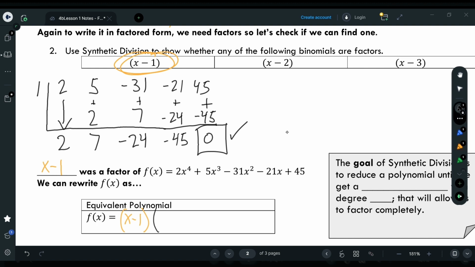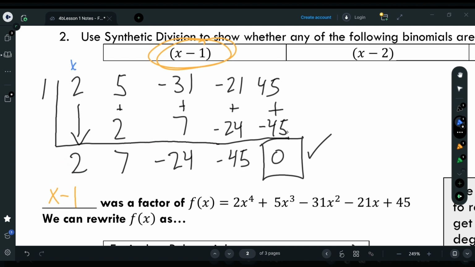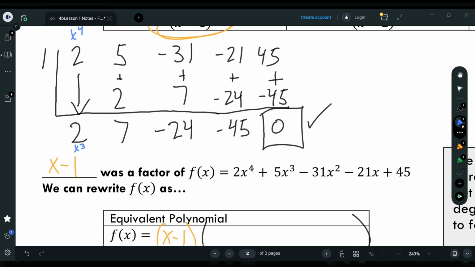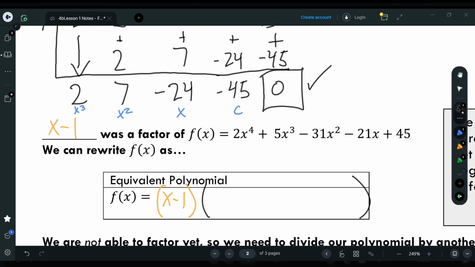Well, remember here, we're going to get that from these coefficients. So let's see, this was originally degree 4 up here, which means it's a degree 3 down here. So that's degree 3, degree 2. That's an x to the power 1 term and a constant term. That's going to give us this.